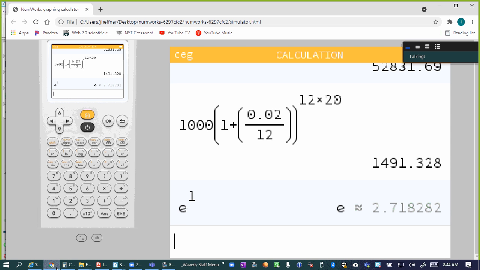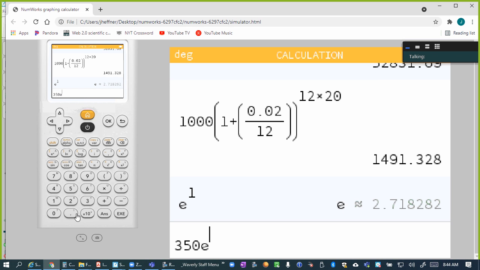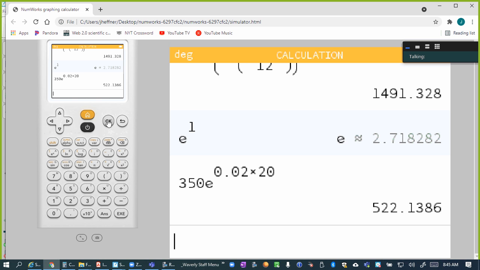So we're going to do 350 e to the x, right? Times 0.02, and it stays up there. 122.13, 0.14, right? Times 20 up there. Yep. Remember, money is always 2 decimals, right? That 3 rounds up to a 4.